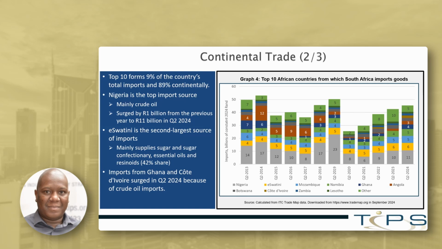Eswatini is the second largest source of imports. It mainly supplies sugar products. These amounted to a 42% share of total imports from Eswatini to South Africa. Imports from Ghana and Cote d'Ivoire surged in the second quarter of 2024 because of crude oil imports.